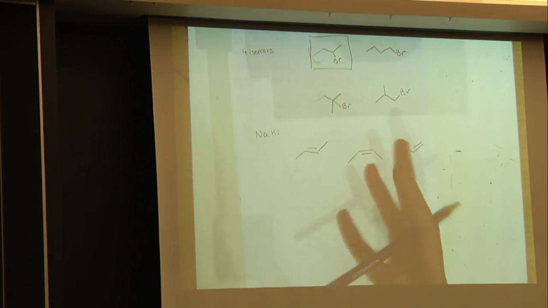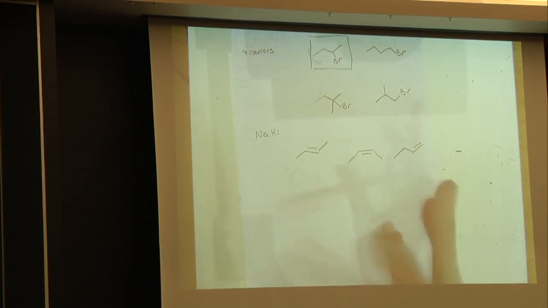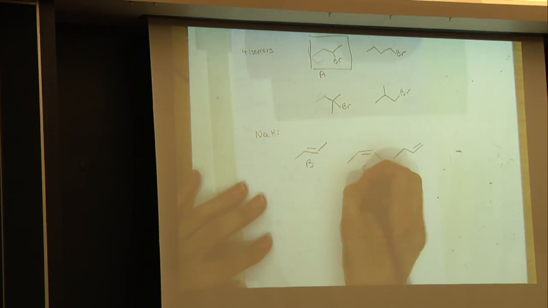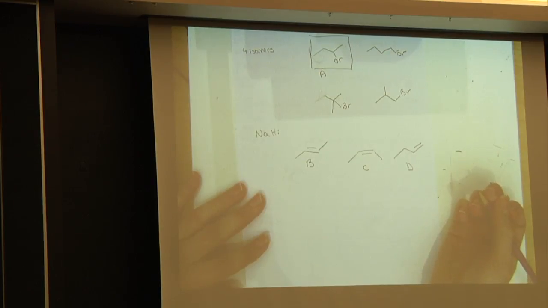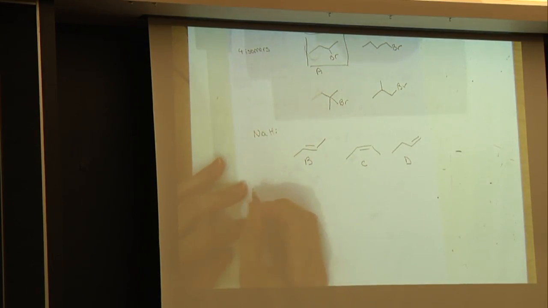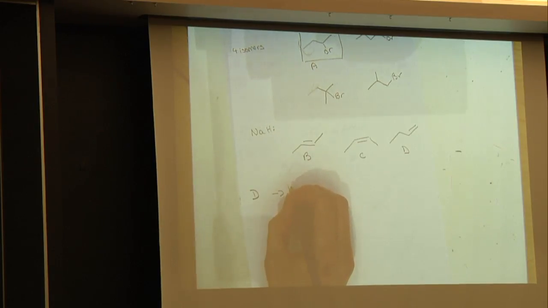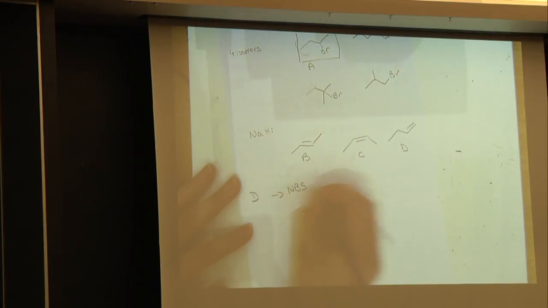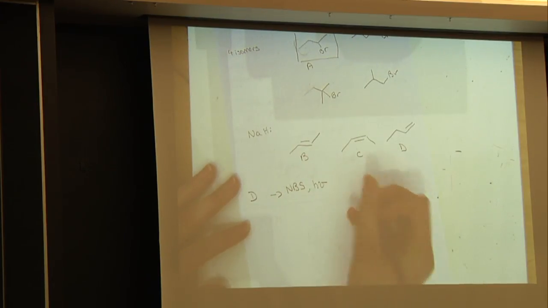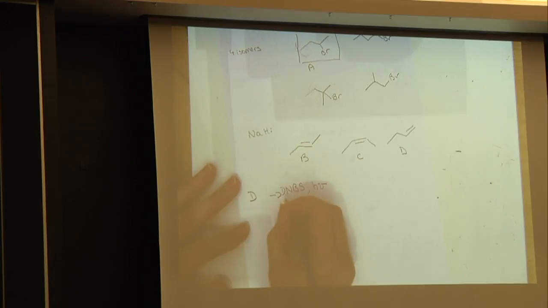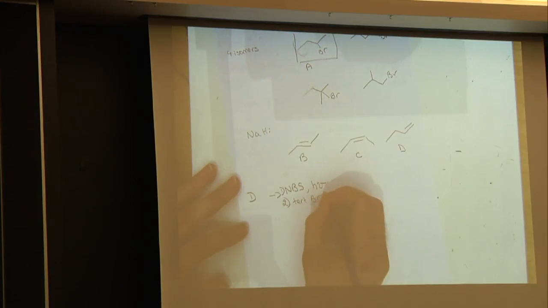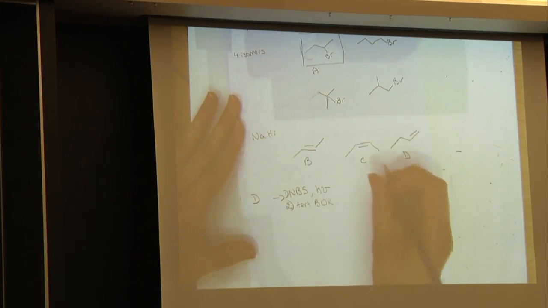So, this is compound A, this is compound B, C, and D, okay? When compound D is treated with NBS and light, and then tert-butoxide, what do I get, guys?